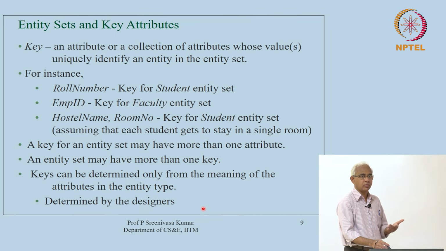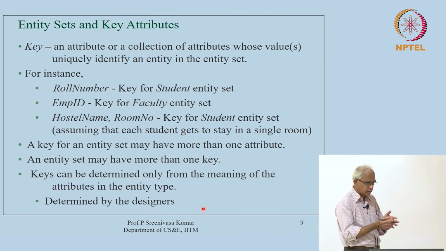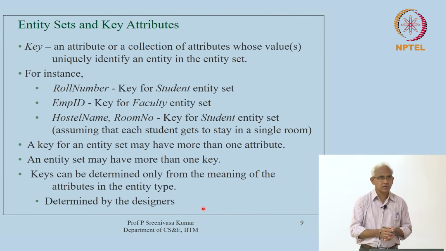When we are designing the model, we have to identify them. You cannot take a set of entities, look at the values and things like that, and then simply decide that something is a key. It has to come from the underlying meaning of the attribute. That is the important thing.